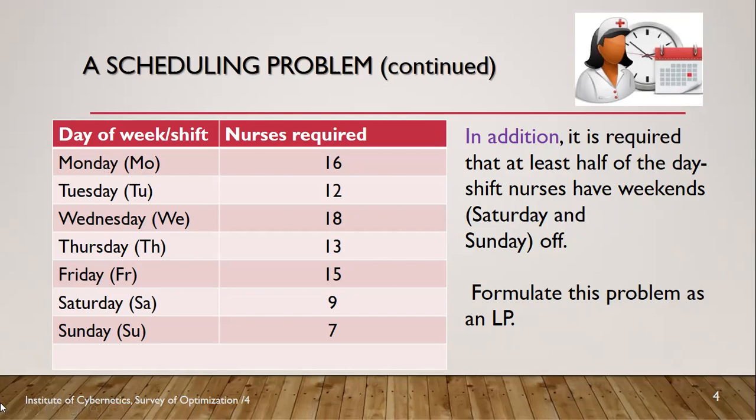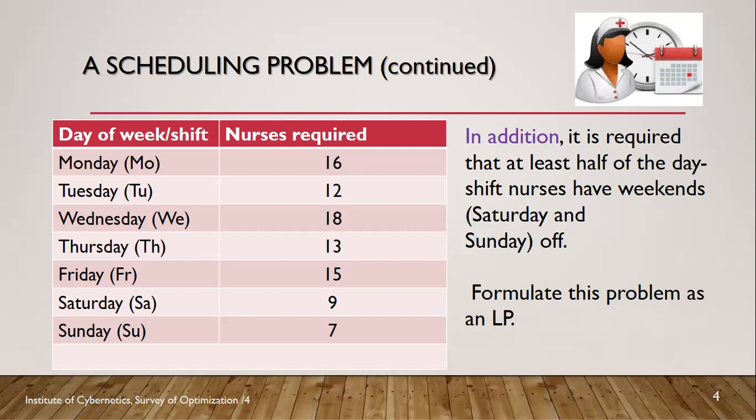Then the next shift would be Sunday, Monday, Tuesday, and the third shift would be Monday, Tuesday, Wednesday. So we would face an overlapping situation. Therefore, this definition of decision variables leads us nowhere. So we need to rethink our definition of the decision variables by looking at the input information more insightfully.